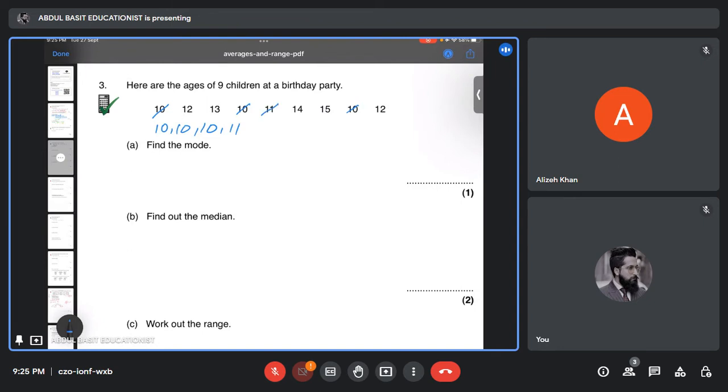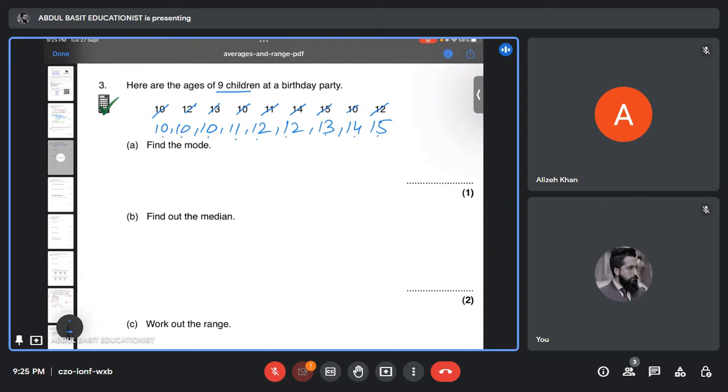So 11, I don't have any 11. Let's start the 12. I have one more 12. Then I have 13, only one 13, and one 14. And the last one is 15. Let's count: 1, 2, 1, 2, 3, 4, 5, 6, 7, 8, 9. Okay, there are 9 children.